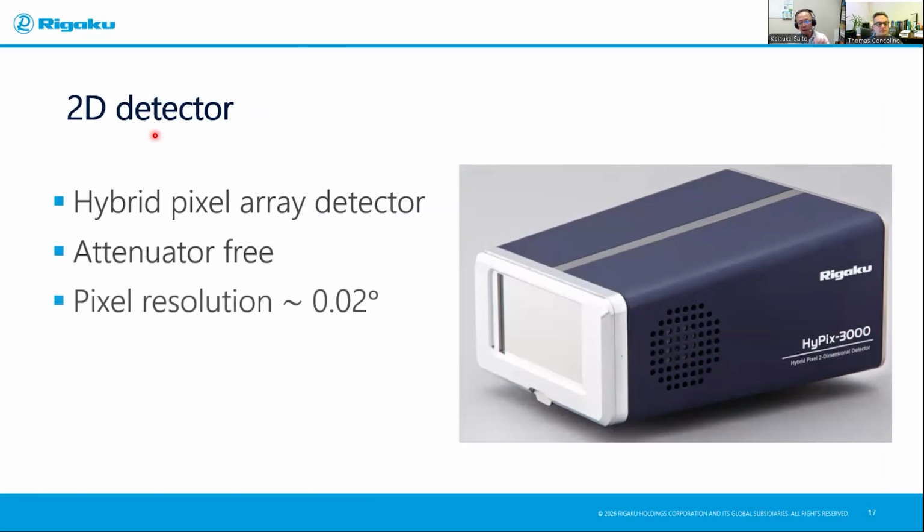Each pixel has a resolution of about 0.02 degree, which is good enough for most thin film samples. And lastly, the detector covers almost 30 degrees of 2 theta range in a single shot. This accelerates your reciprocal space mapping, for example, much faster compared to the traditional point detector.